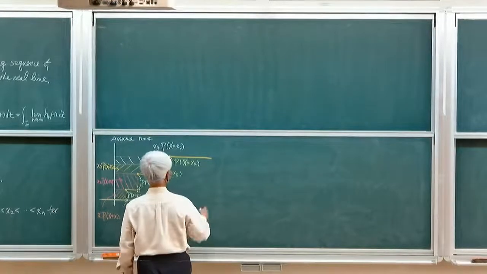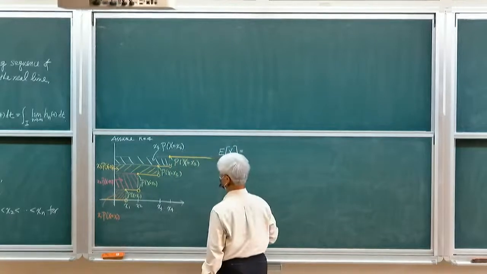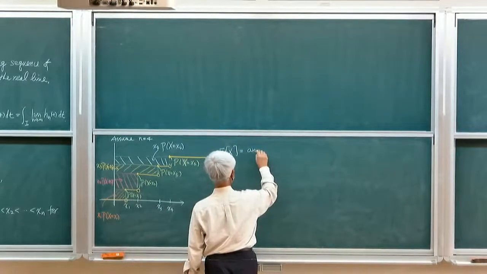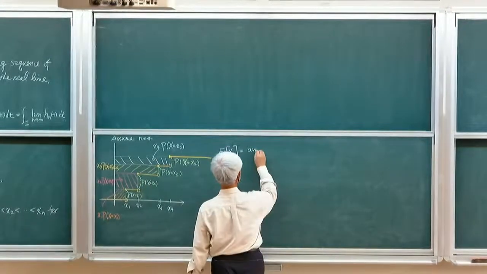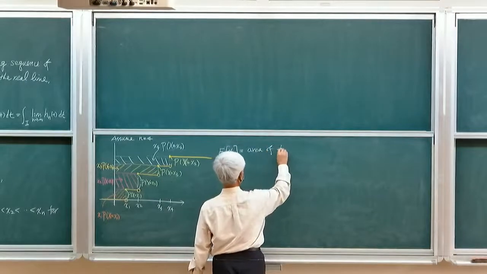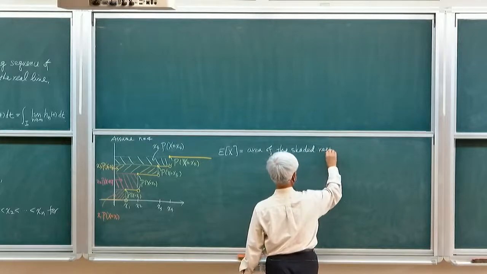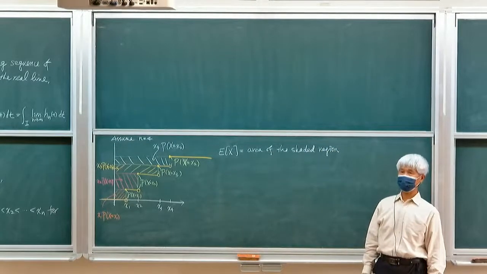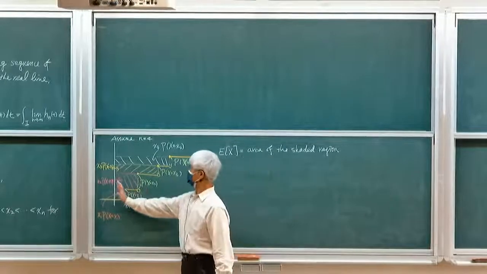All right. So the expectation of X is the area of the shaded region. Okay, so it's the area of the shaded region. All right, so we look at it in this way.